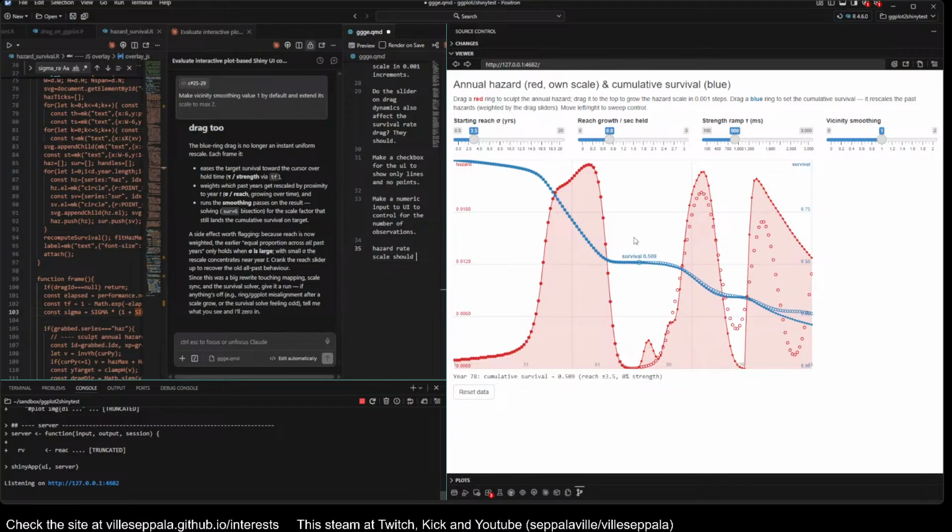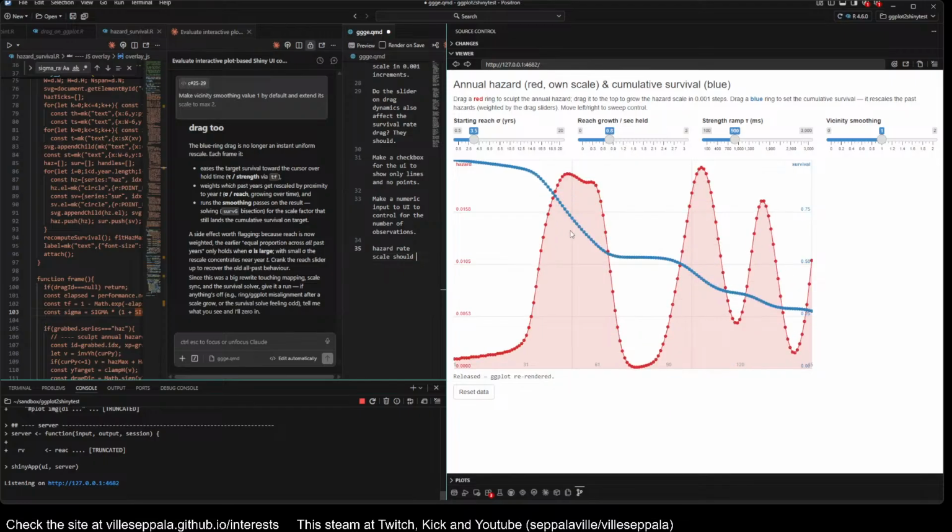Here, I would just want it to be a smooth shaped hazard curve. But it really isn't.